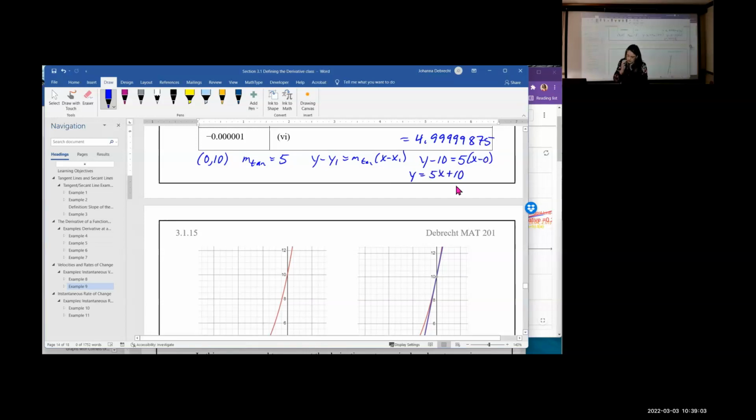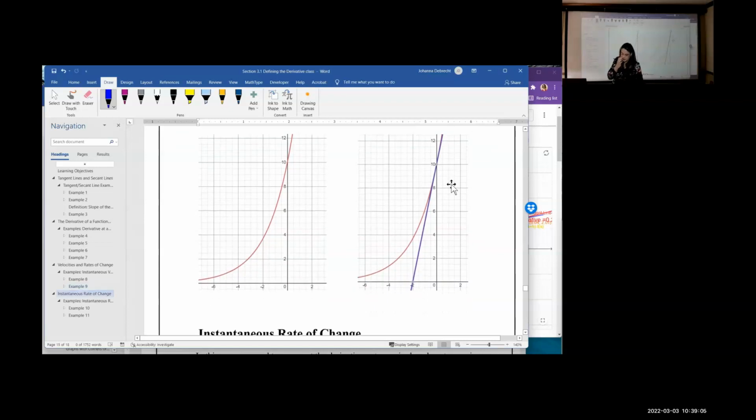All right, and that's the equation. And you can see the exponential by itself here. And here is the exponential with the tangent line put on it. And you can see how it's tangent at the point 0, 10 right up here.